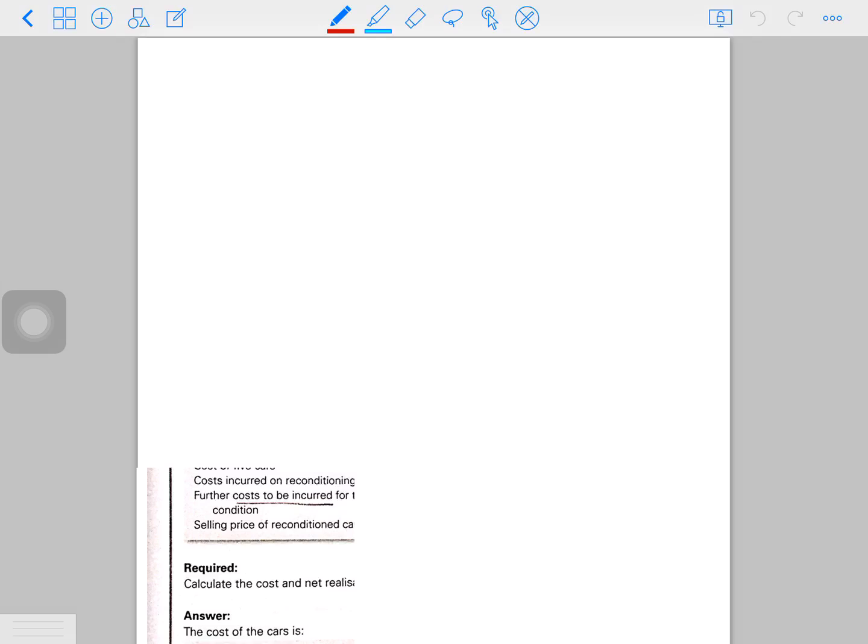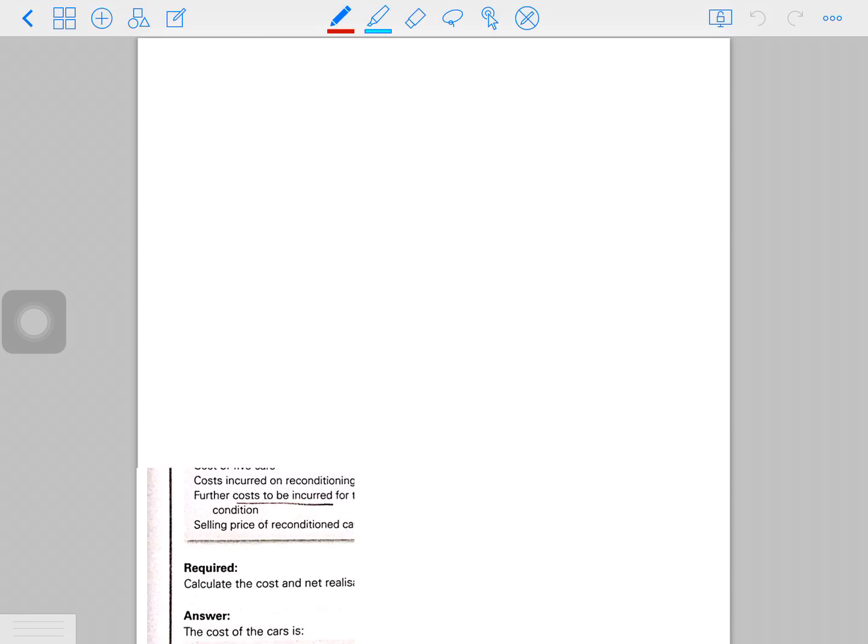So this is the cost of 5 cars. It has 5 cars. The cost is the purchase price, which we bought from other people. And cost incurred in reconditioning, this is for repairing everything. So what is the total there?